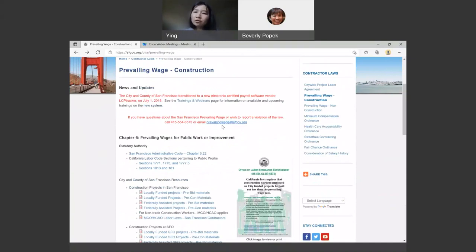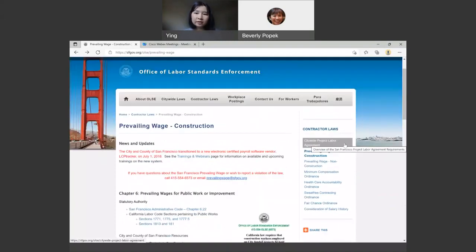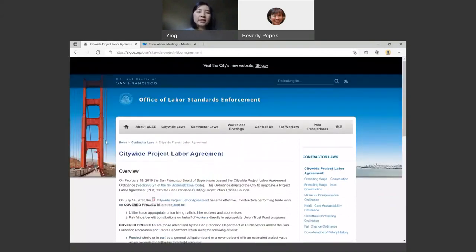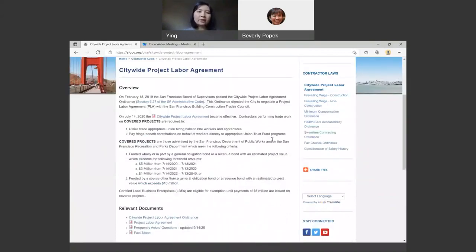So if you are interested to learn about the citywide project labor agreement, you can definitely click on here as well. We will give you an overview and the laws about the citywide project labor agreement, which is the citywide PLA. And later today, we're going to go over that as well. All right, so let's get back to the slide to talk about Chapter 23.